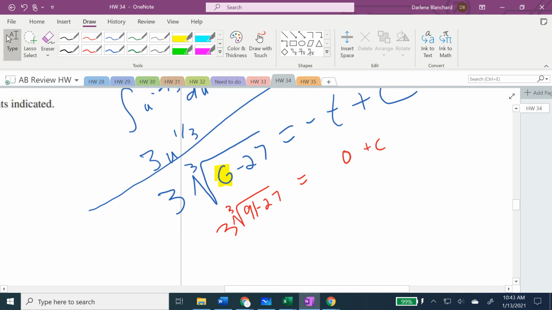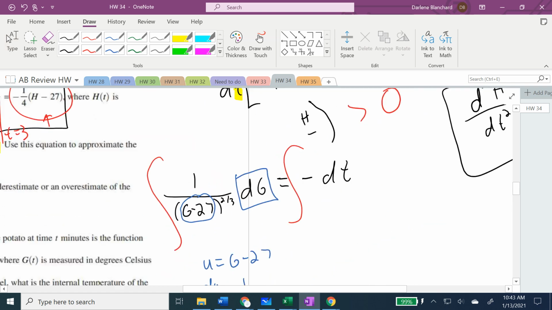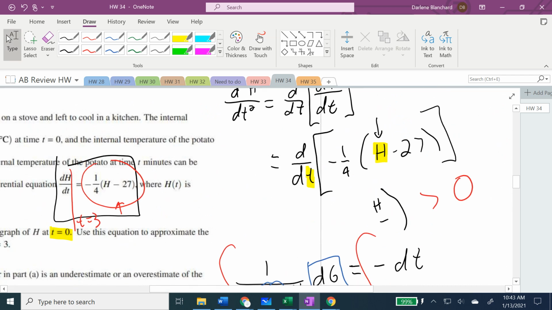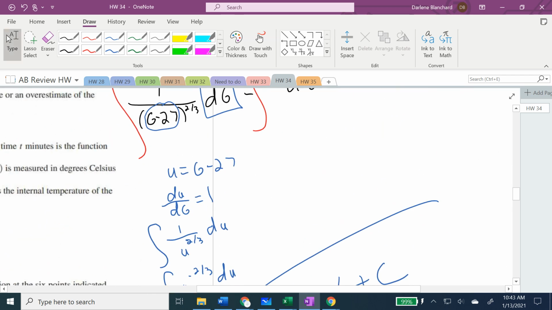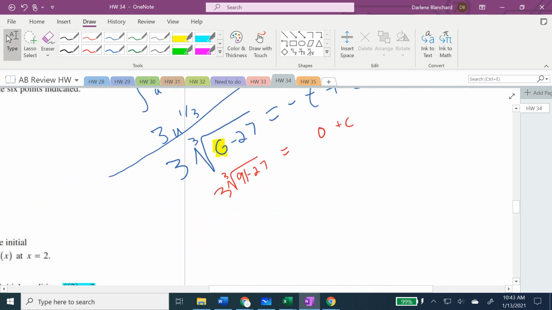I think we did this earlier. Anyway, thank you, 64. That saves us some time. I don't want to waste time on arithmetic. So the cube root of 64 is 4, so I end up with 3 times 4 equals 0 plus c. c is 12.